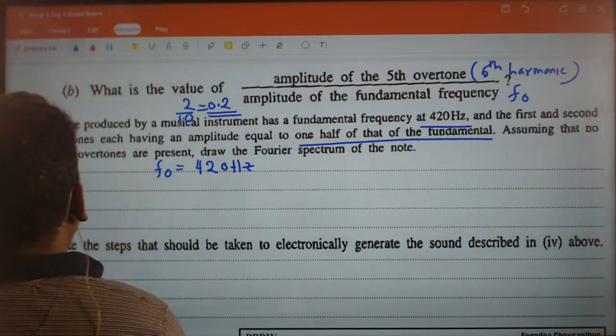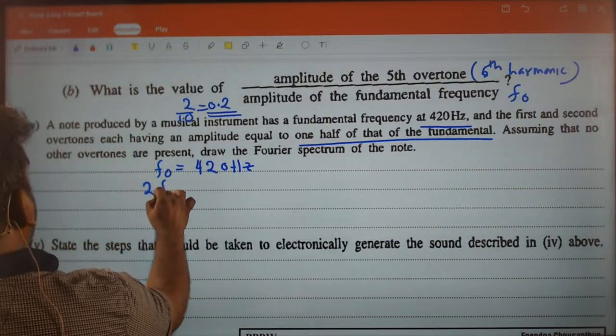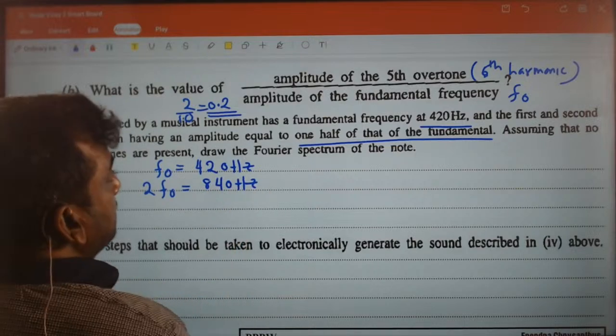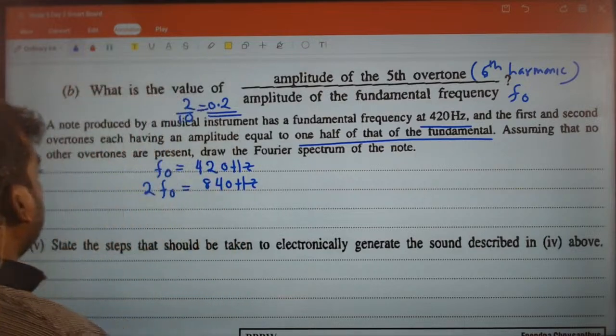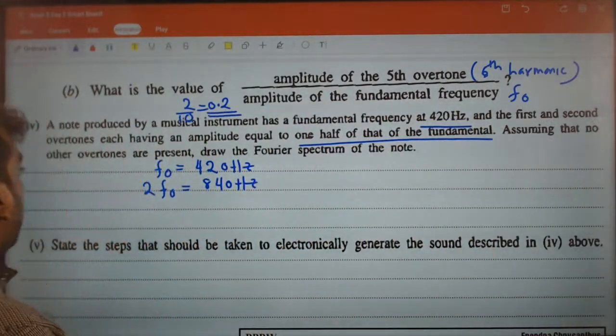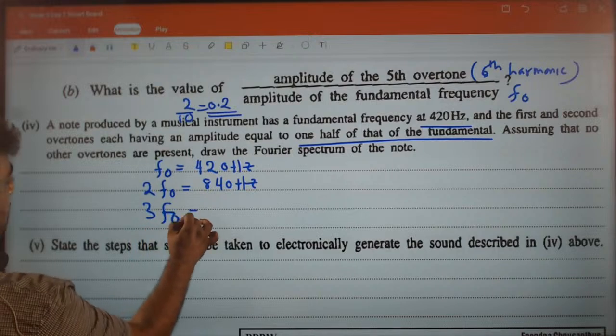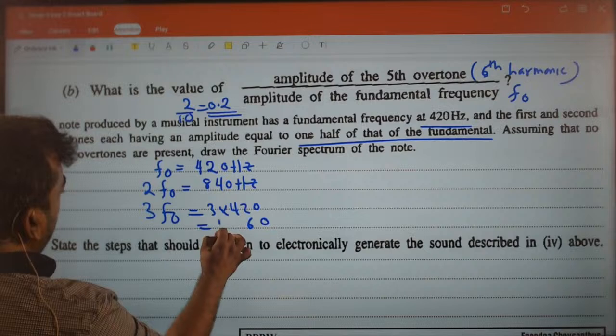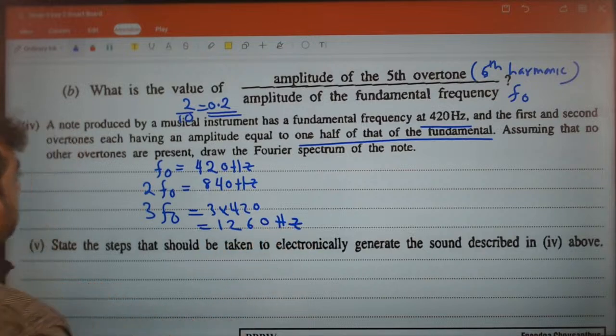The first overtone is the second harmonic, which is 840 hertz. The second overtone is the third harmonic. 3 times 420 is 1260 hertz.